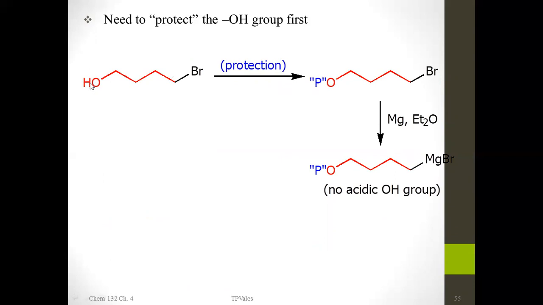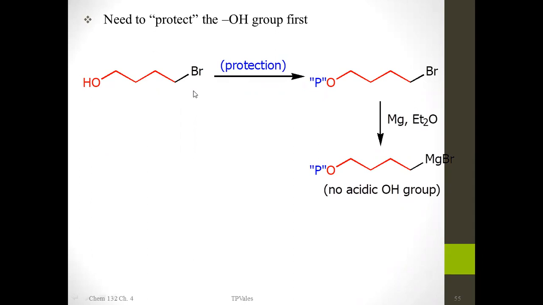Because you don't want this one to be deprotonated by the alkyl from the MgBr, we protect this OH first before having the Grignard reaction to produce your MgBr. So you have a protecting group first before you proceed, because that is the primary requirement.